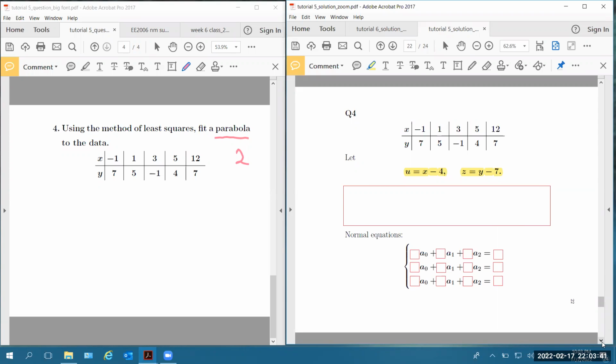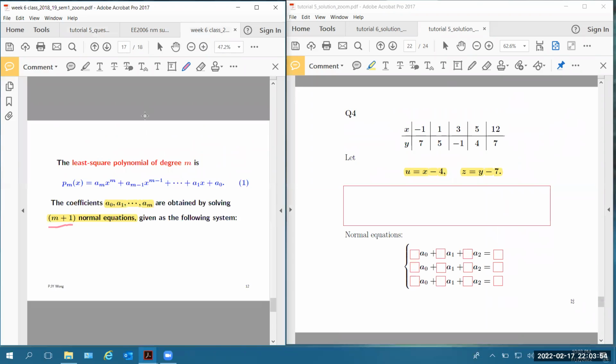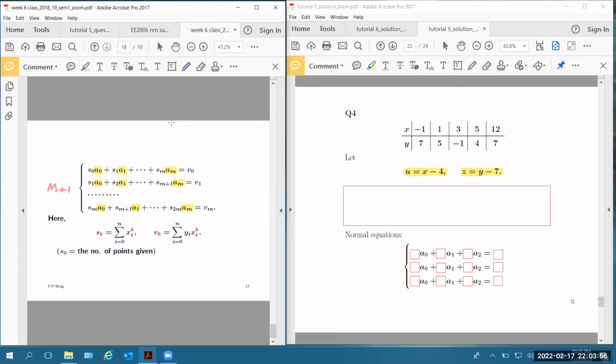Here, let me show you a different method. I don't deal with x and y directly. Of course, we can deal with x and y directly, apply all these things, and solve the simultaneous equations.